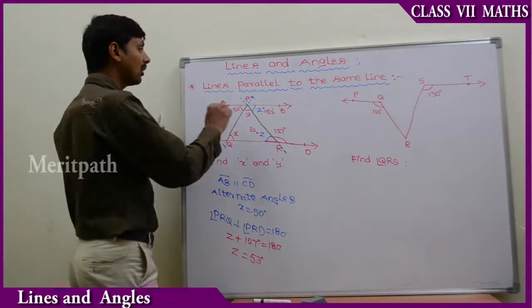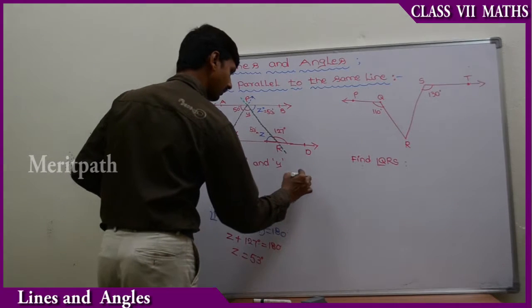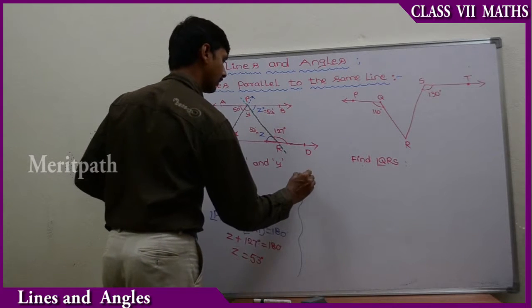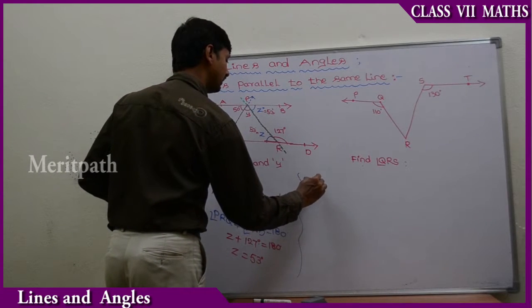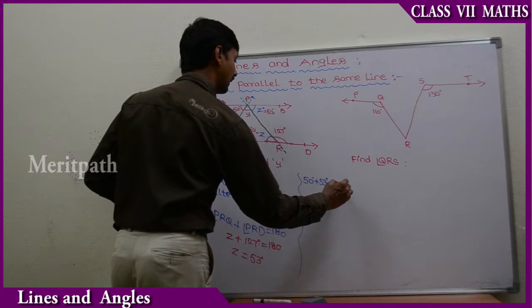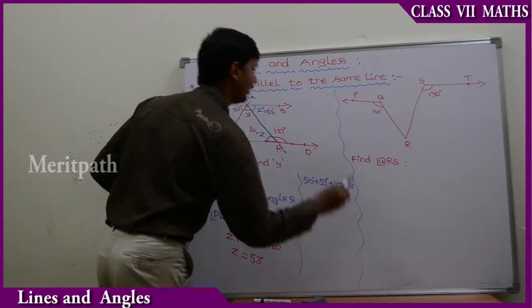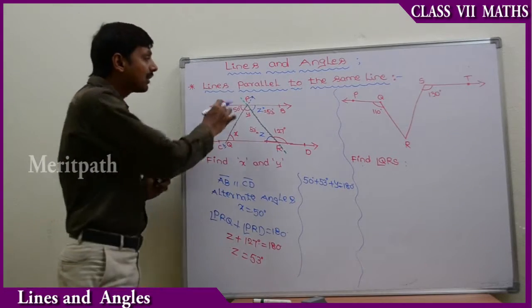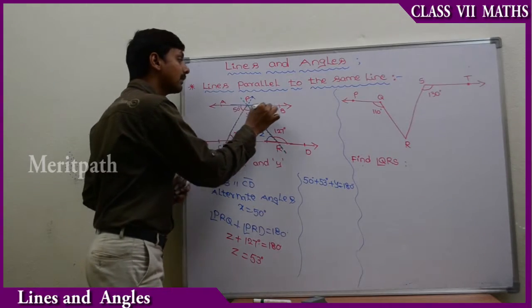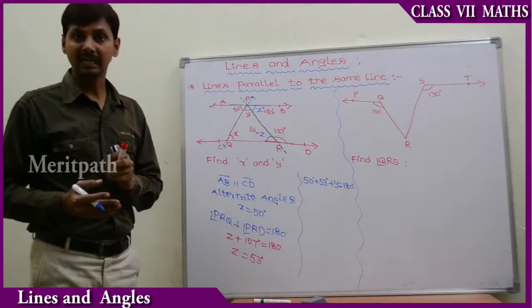So let's add all three angles: 50 plus 53 plus Y is equal to 180 degrees. These three angles form the same line, so this will form 180 degrees.